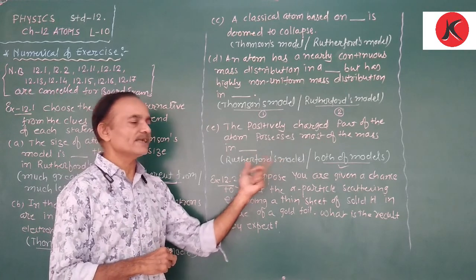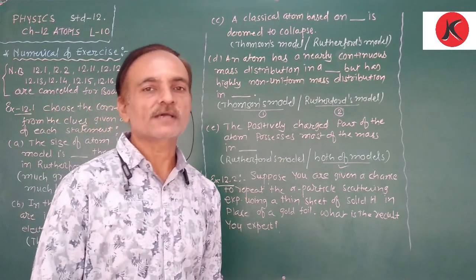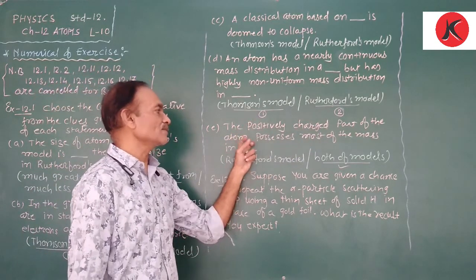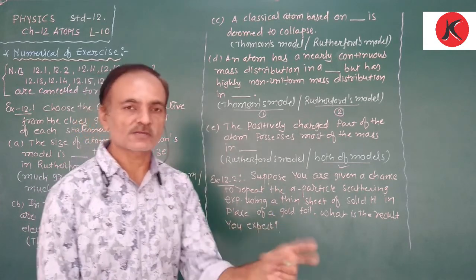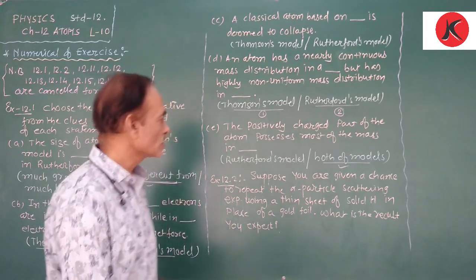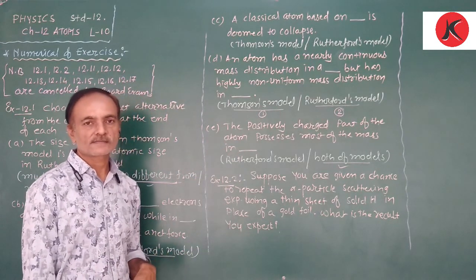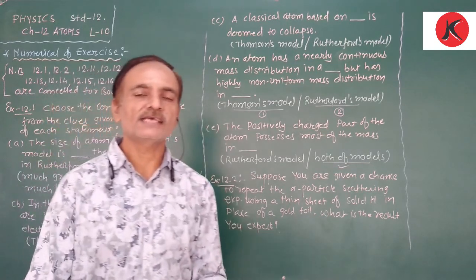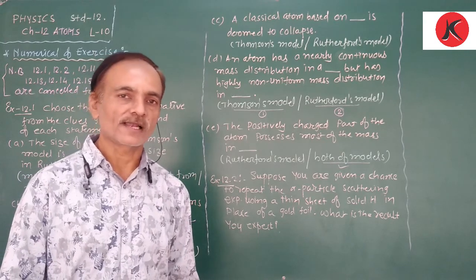This concept we discussed in both models, Thomson's model and Rutherford's model. Then the positively charged part of the atom possesses most of the mass in both models. So these 5 questions depend on our knowledge about Thomson's model and Rutherford's model.